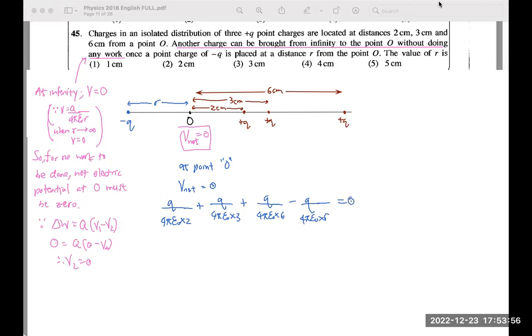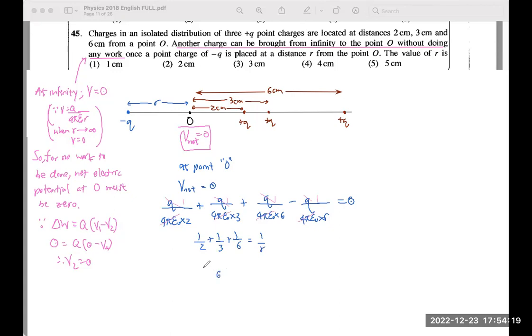Okay, so we can get rid of all the Q's, and we can get rid of all the 4 pi epsilon naughts, correct? If I simplify this quickly, I will be getting half plus 1 over 3 plus 1 over 6 equal to 1 over r. So our task is finding r.